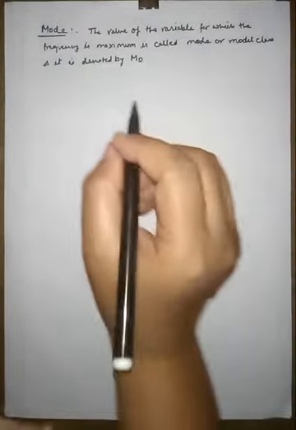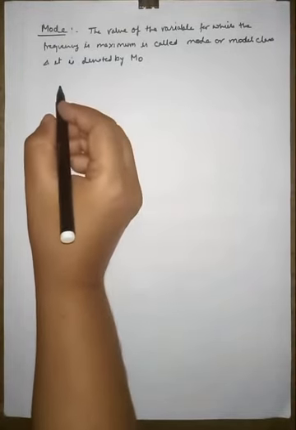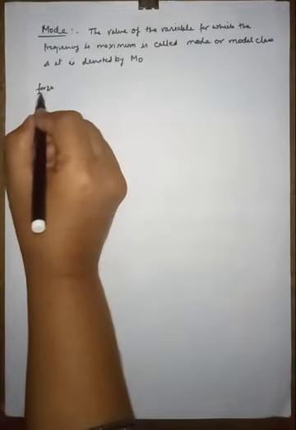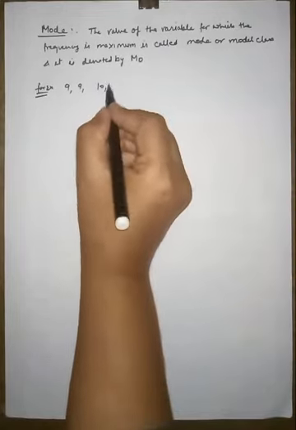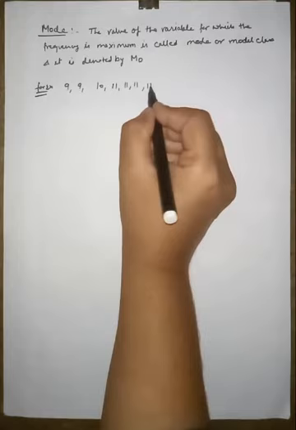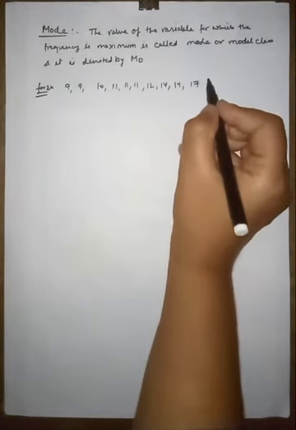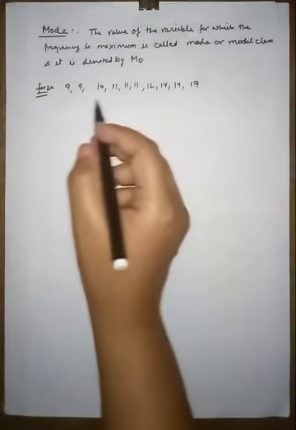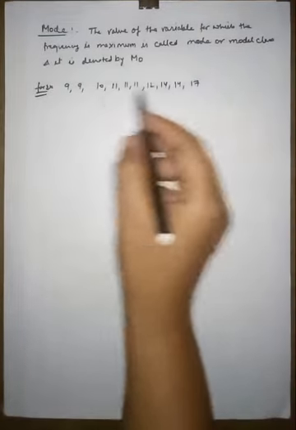So take one example of the individual series. Suppose I have taken the example 9, 9, 10, 11, 11, 11, 12, 14, 14, 17. You see, friends, this is a set of data and this is the individual series because we are not using the frequency here.